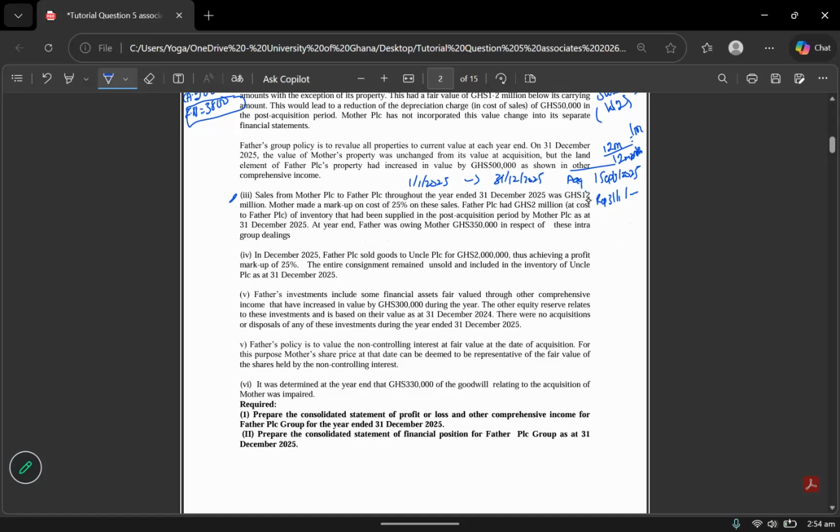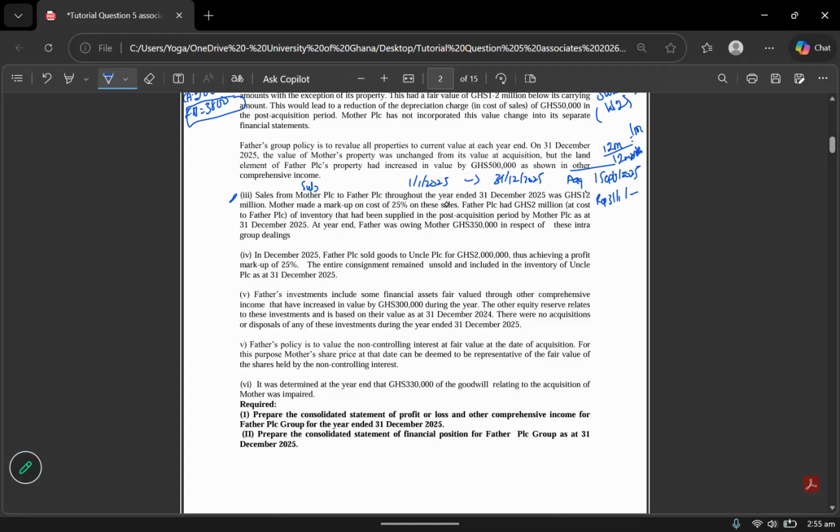So out of this 12 million, as I said earlier, Mother is the subsidiary in this case, the subsidiary that is selling to the parent. And they are saying that Mother made a markup on cost of 25%. Meaning this 12 million is the sales value to Mother PLC. And then they've given us the markup on cost of 25%.